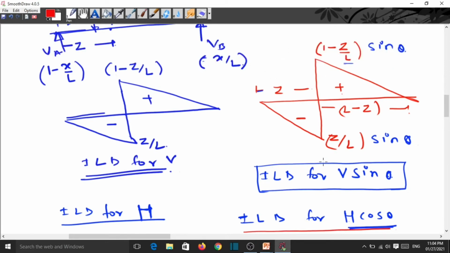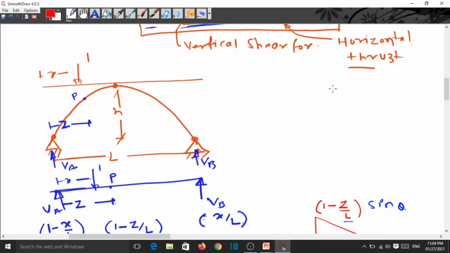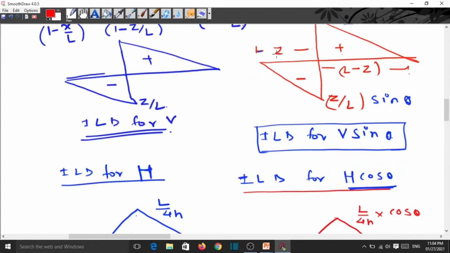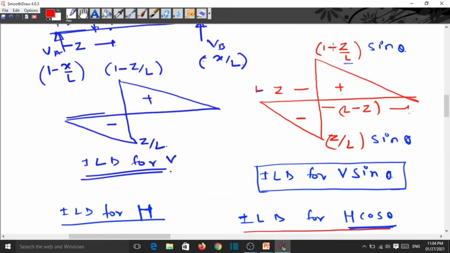Now superimpose both these diagrams. Now this part is positive here. What is the formula? You have to add these two quantities. Now this h cos theta is a plus, so this quantity is a plus, and here this quantity is again a plus.